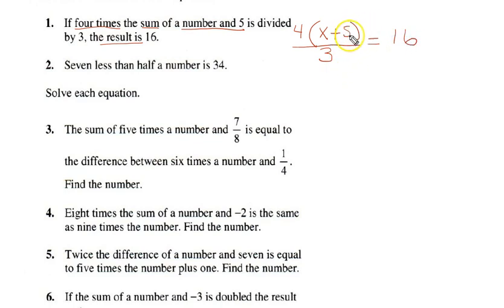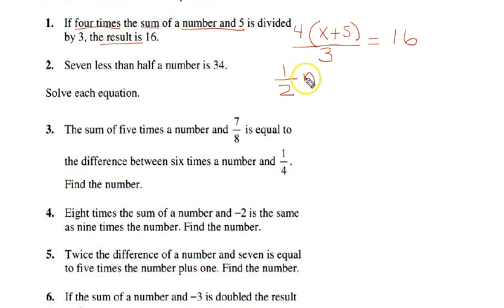Now, we're not going over how to solve an equation. That's another lesson. We're just going to go over English to algebra. 7 less than half a number. Well, half a number is 1/2 n.